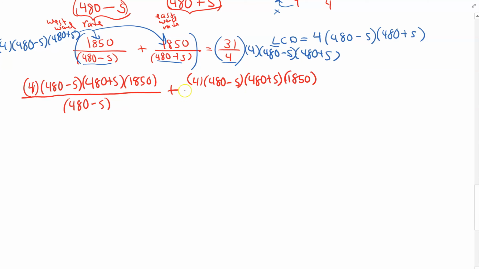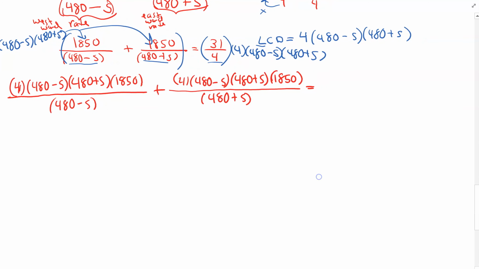So the numerators are pretty much the same, and then that's being divided by 480 plus s. And then on the other side of the equal sign, I've got the 31 from my numerator, and then times all of the same stuff, 4 times 480 minus s times 480 plus s. And then on that side, it was all divided by 4.